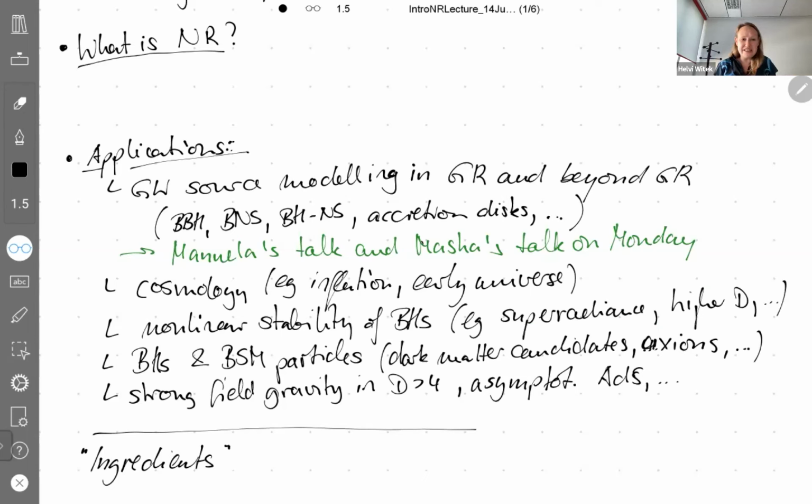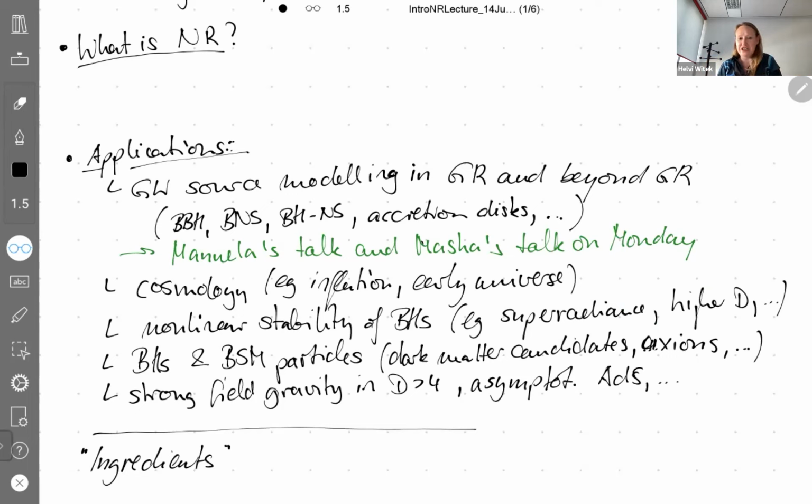A few more recent applications are within cosmology. Numerical cosmology, or computational cosmology, is a new field that has started to be developed in depth really in the last few years. Numerical relativity, including the Einstein Toolkit, has also been used to look at, for example, nonlinear stability of black holes, something called superradiance.